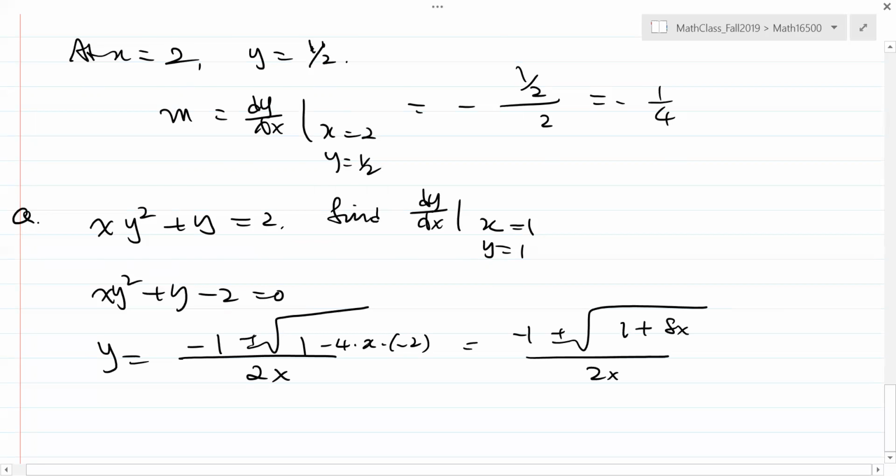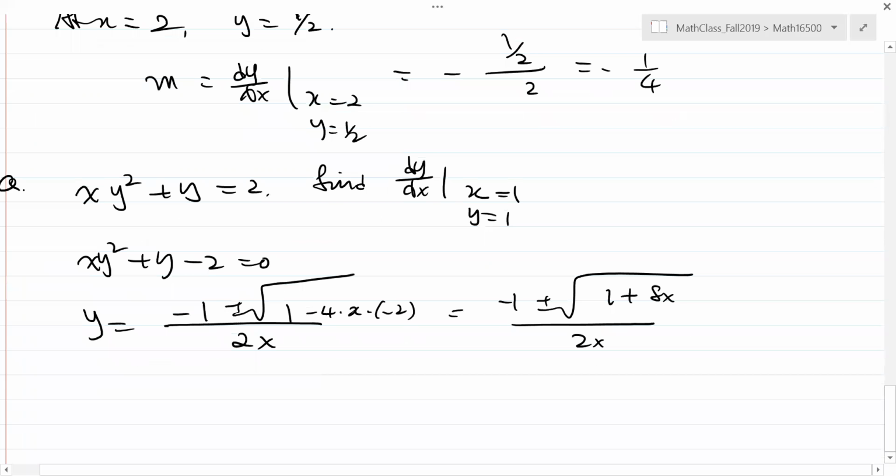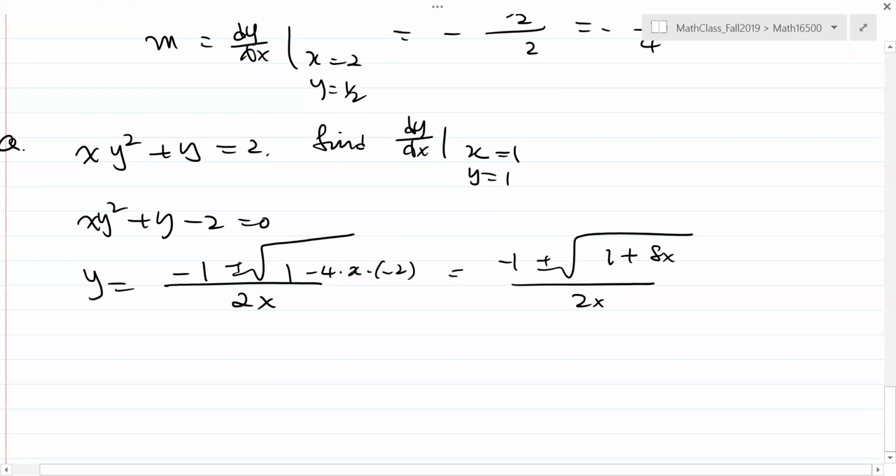So complicated, and you have two choices. Which one do you need? When x equals 1, y should be equal to 1, so you should choose the plus. Okay, so it is clear that when x equals 1, y is going to be 1.